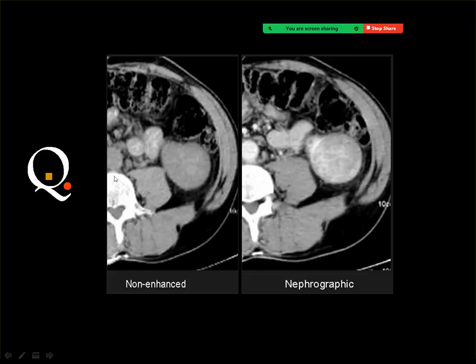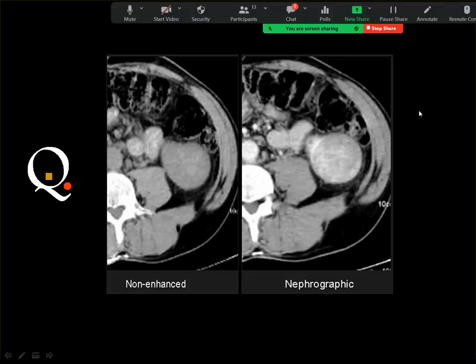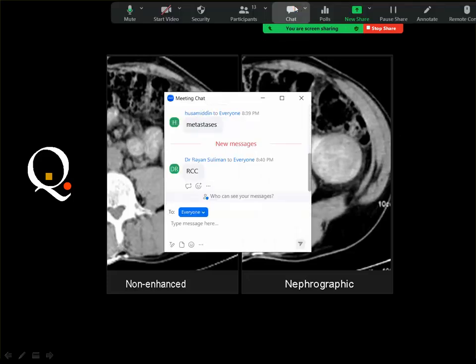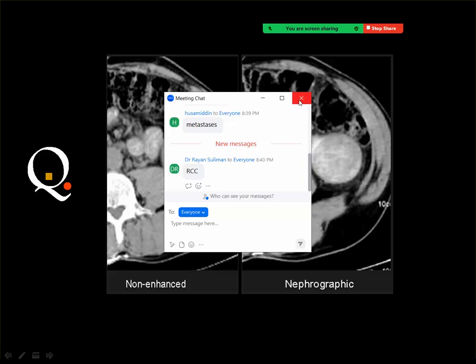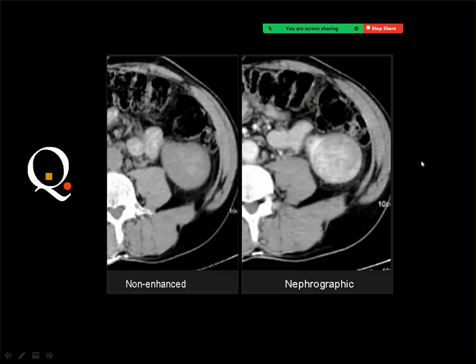Okay, and there is a solid mass in the lower pole of the kidney, and this mass is almost homogeneously enhancing. And you know that any solid mass in the kidney in an adult should be considered as a renal cell carcinoma until proved otherwise.